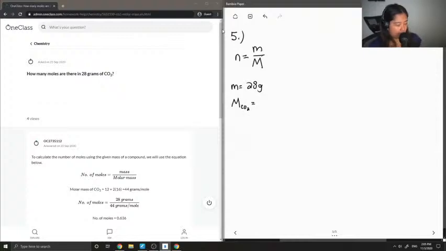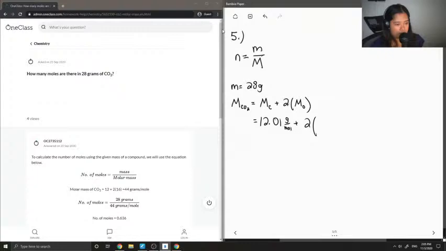So the molar mass of CO2 is going to be equal to the molar mass of carbon plus the molar mass of oxygen times 2. So again, these are values that you would find on your periodic table. So the molar mass of carbon is 12.01 grams per mole.